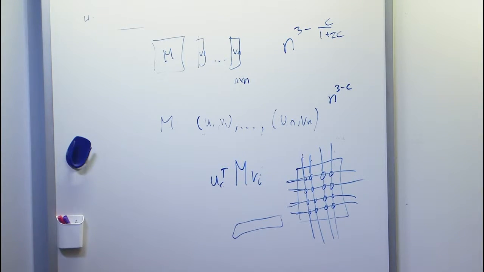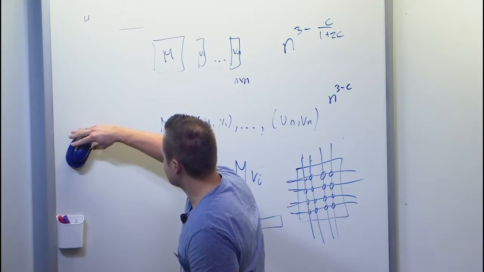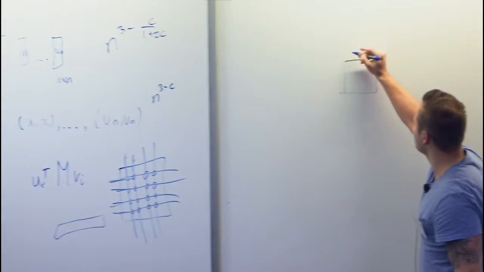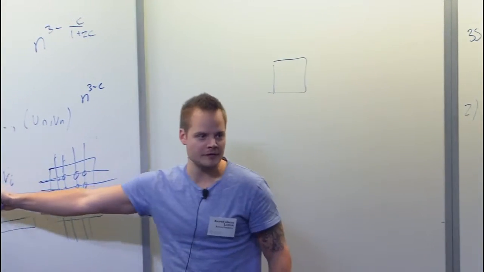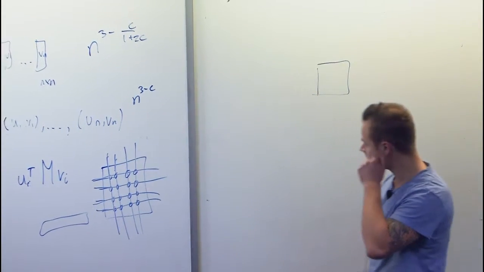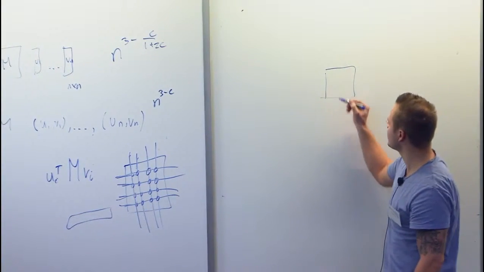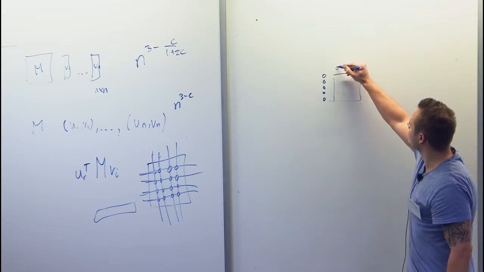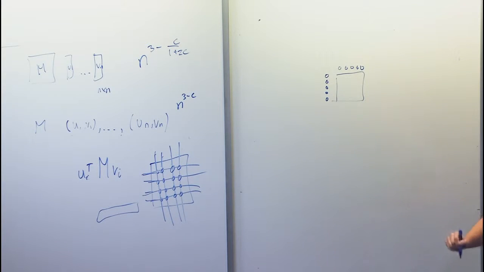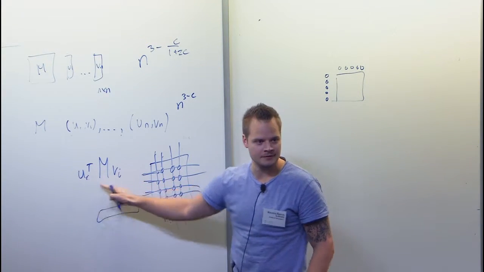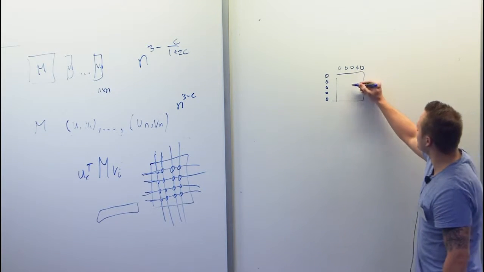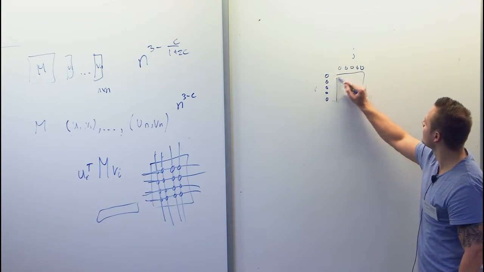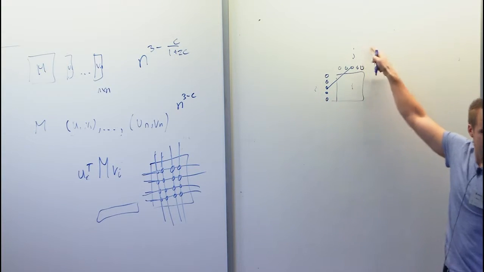So the first observation, which was inspired by one of the talks yesterday, is this. Now I have this matrix, and I'm answering one of these pairs. If you think of having a graph with one node per row of M and one node per column of M, then for every 1 entry in this matrix, say in row i and column j, you draw an edge between the ith node over here and the jth node up there.